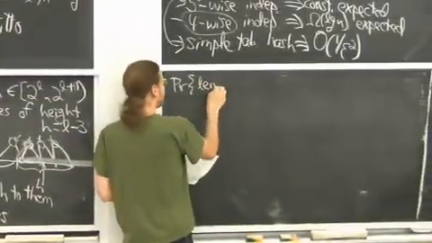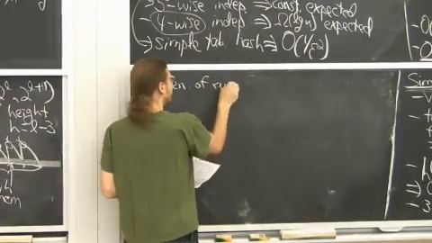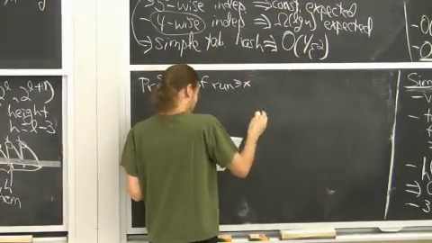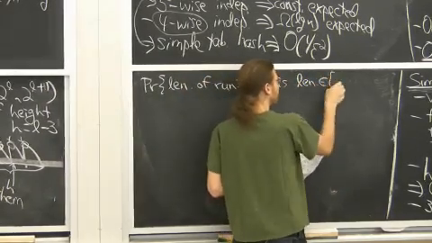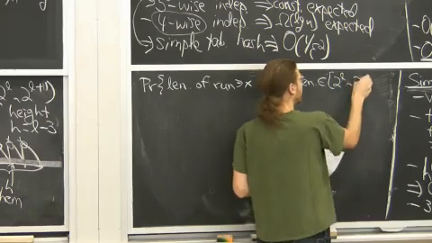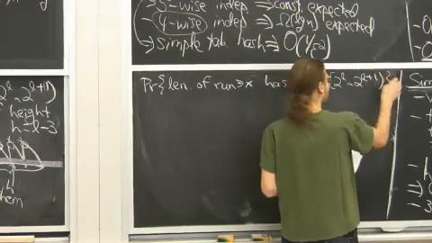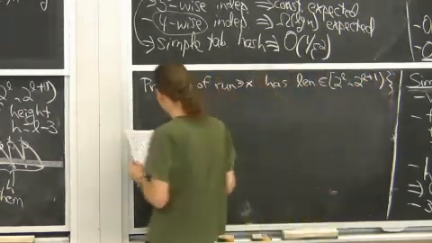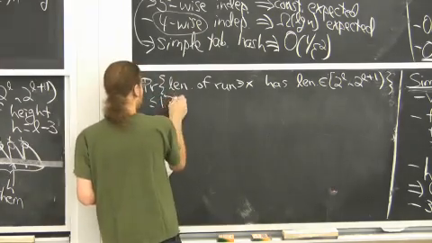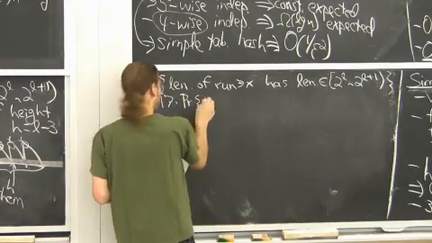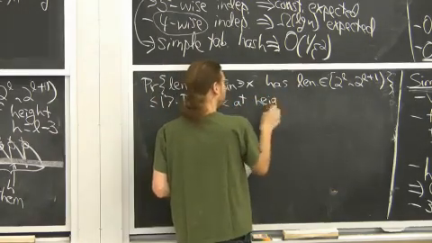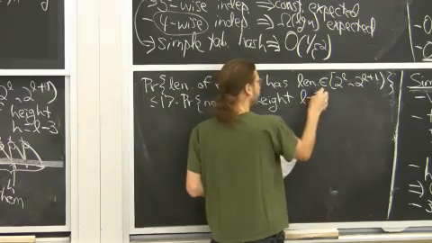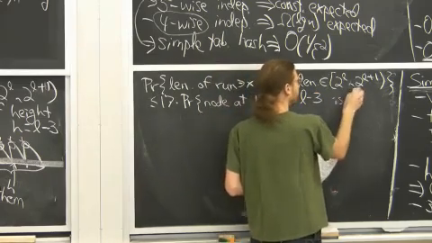If we look at the probability that the length of a run, say containing some key x, has length between 2 to the L and 2 to the L plus 1, this is going to be at most 17 times the probability that a node at height L minus 3 is dangerous.